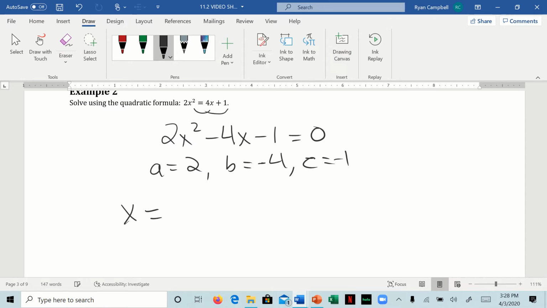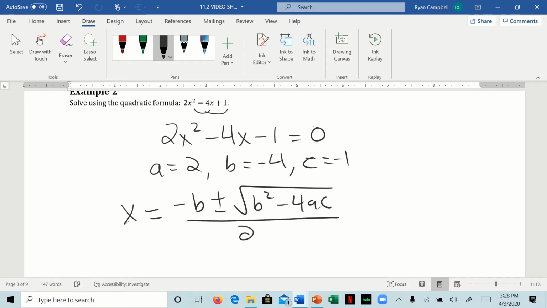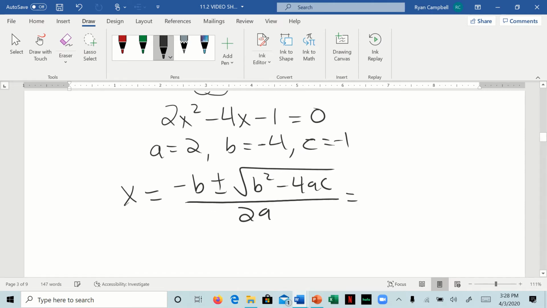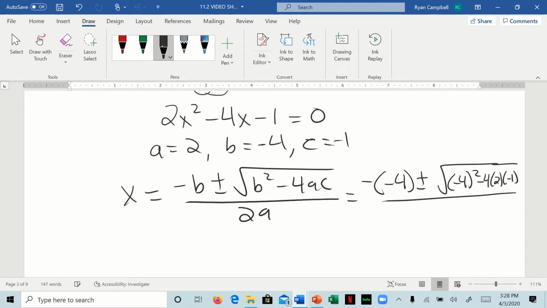So x equals negative b plus or minus the square root of b squared minus 4ac all over 2a. If we plug it in, x equals negative negative 4 plus or minus the square root of negative 4 squared minus 4 times 2 times negative 1, over 2 times 2.